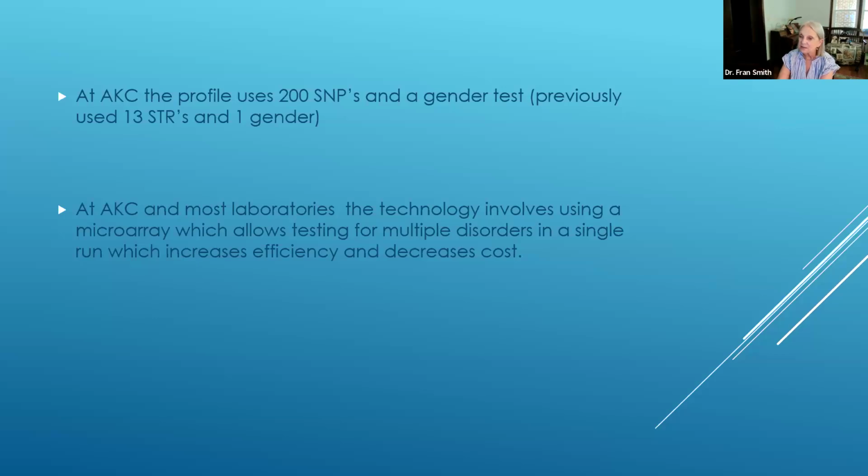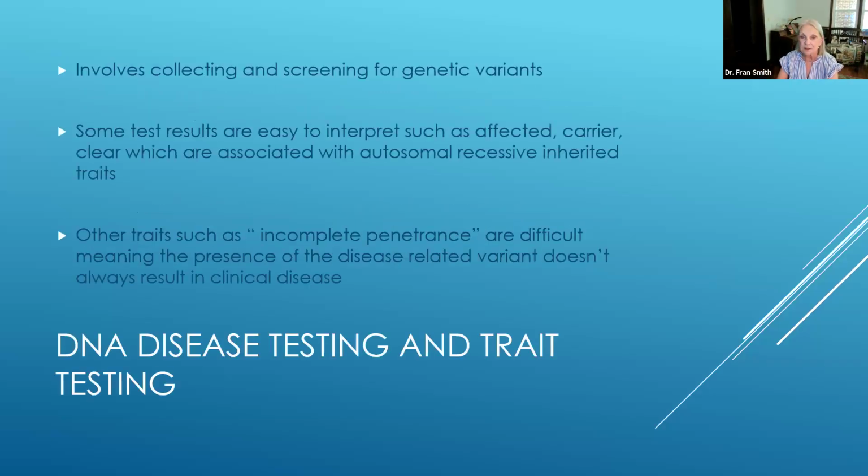At AKC, as in most laboratories, the technology involves a microarray, which is a big plate. It's a platform with little wells in it where the sample goes, which allows testing for multiple disorders in a single run. It increases efficiency and decreases cost. It involves collecting and screening for genetic variants.